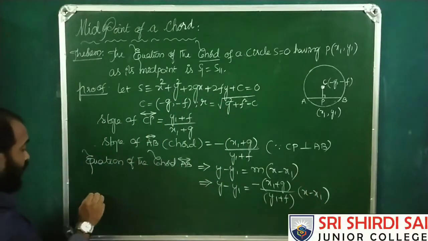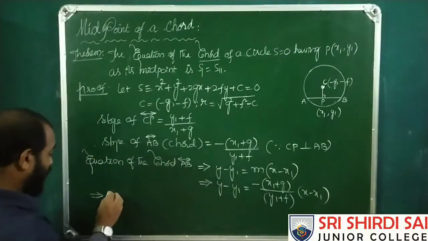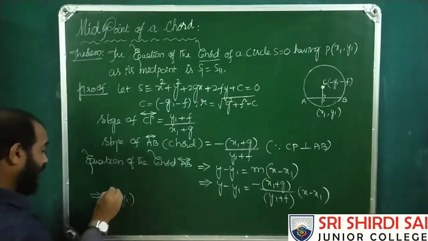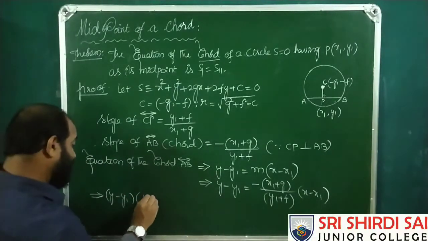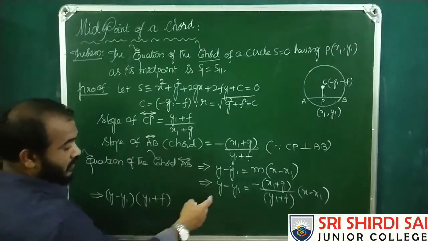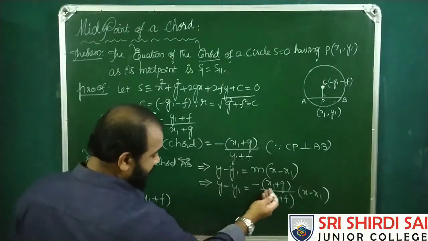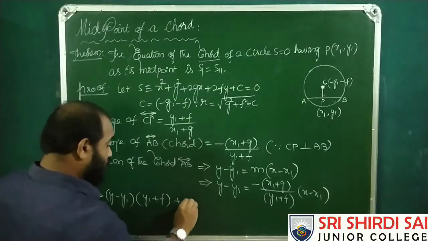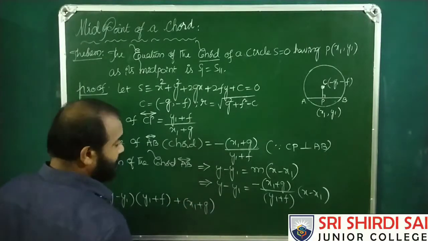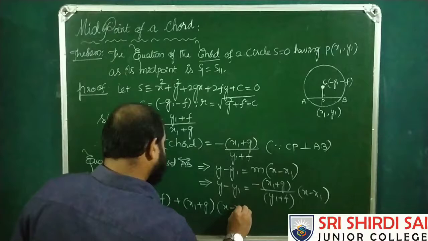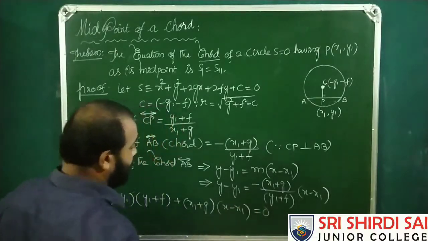So if you cross multiply, (y minus y1) into (y1 plus f) is equal to, this minus term if you bring here, so (x1 plus g) into (x minus x1) equals 0.